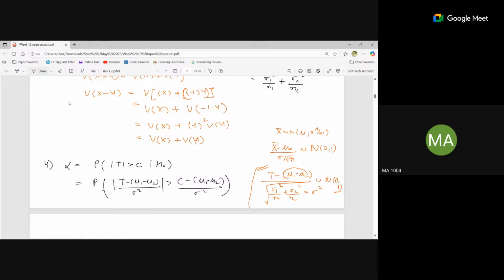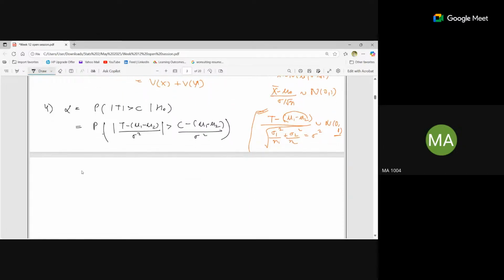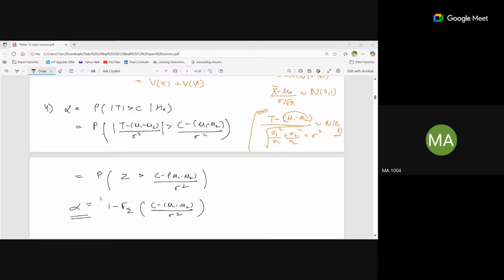So now this is just a normal distribution, which is z greater than c minus mu1 minus mu2 divided by sigma square. Now I can write this as 1 minus F of z, c minus mu1 minus mu2 divided by sigma square. This will be my alpha. Is this step clear?